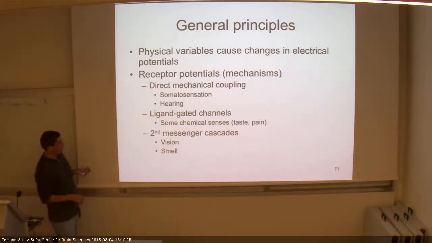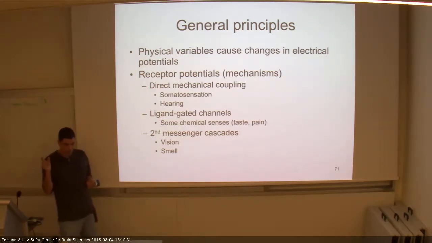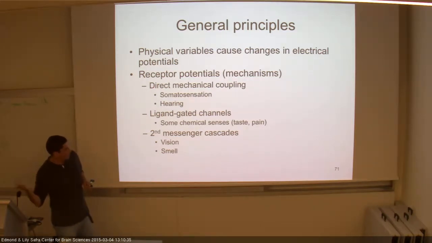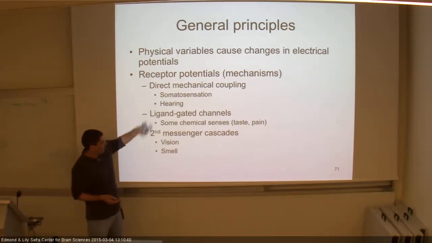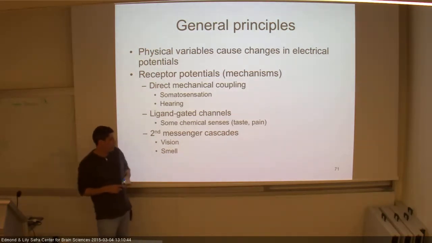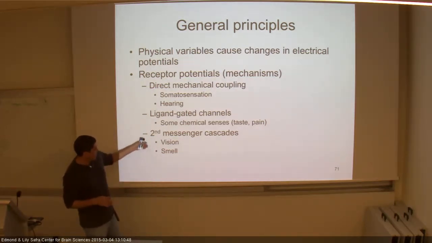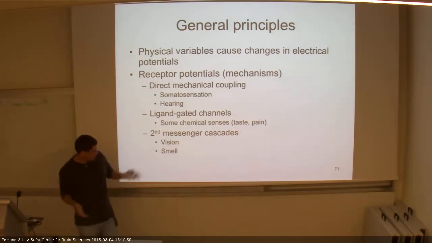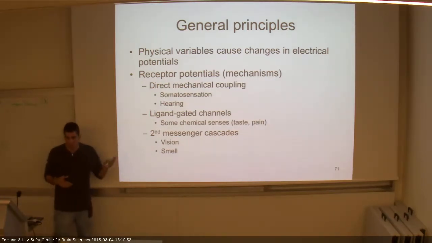And the things that cause the change can be very different. The mechanisms are different for this signal transduction, for this transformation from the different types of energies into electrical potentials. This can be mechanical coupling. This can be ligand-gated channels, like in the chemical senses. It can be second messenger cascades, like in vision and smell, and we'll talk about these as we go along.